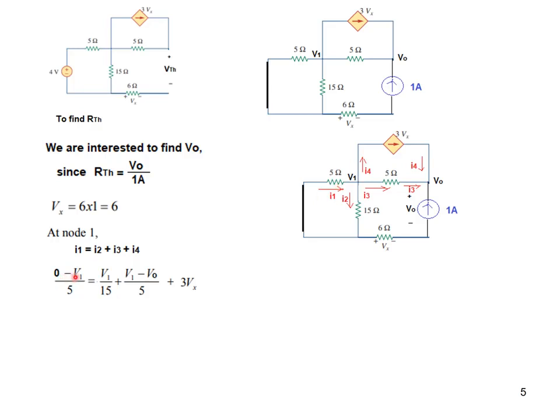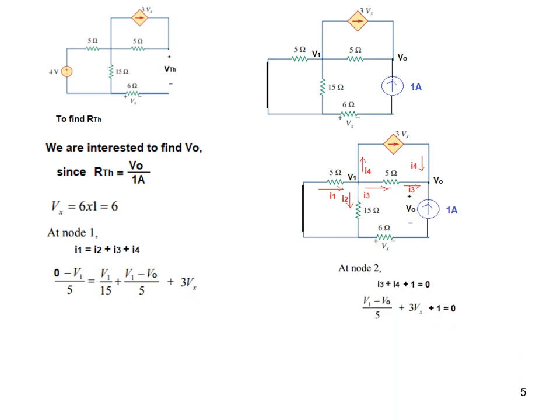This one is V1 minus 0 divided by 15, but there is no need to write 0. This one is V1 minus V0 divided by 5. And this one is 3Vx. So now we write the value of Vx here.